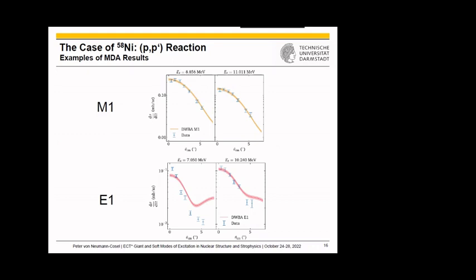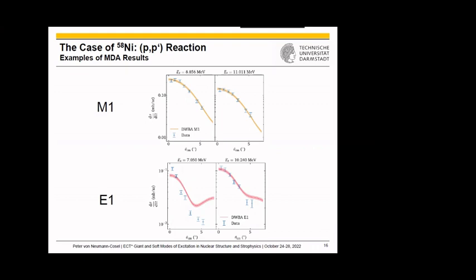And then you have the electric dipole case, and that's a bit more involved. And the description is not always as good because I think of some limitations of what you have as theoretical input here. But what I want to point out is that you still experimentally have a rather clear signature. This is this pronounced peaking at 0 degree. And actually for the E1s, you typically find an even steeper decrease with angle. So you have some guidance.